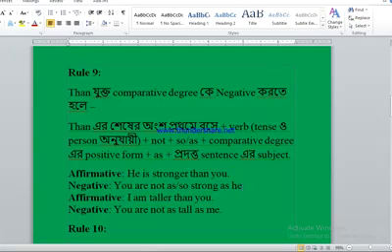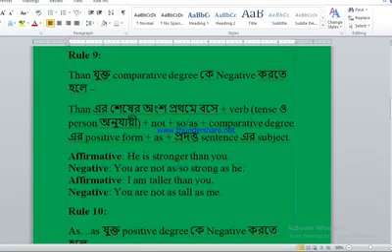Okay, that way you can change affirmative to negative, or comparative to positive. I am taller than you.